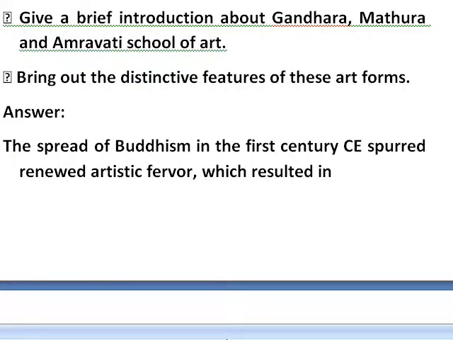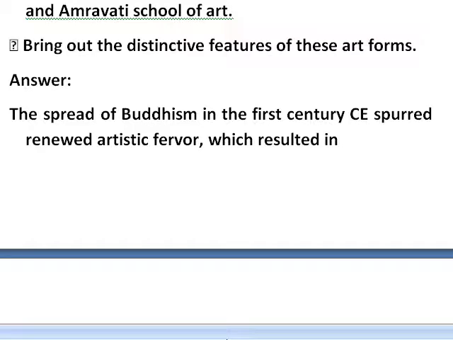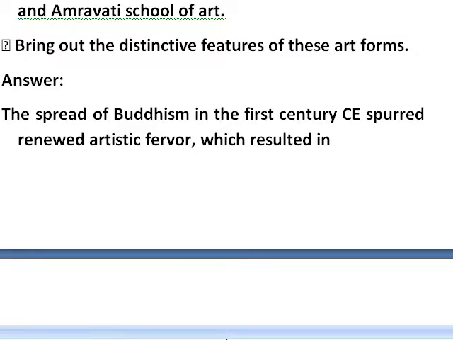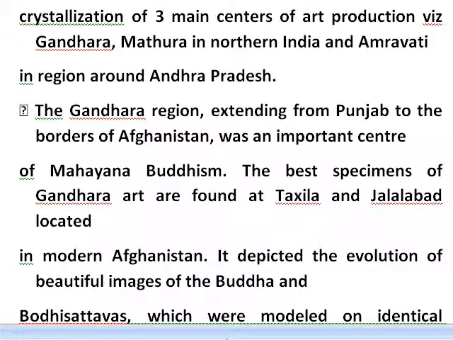Answer: The spread of Buddhism in the first century CE spurred renewed artistic fervor, which resulted in crystallization of three main centers of art production, that is Gandhara, Mathura in northern India, and Amravati in the region around Andhra Pradesh. The Gandhara region extending from Punjab to the borders of Afghanistan was an important center of Mahayana Buddhism.